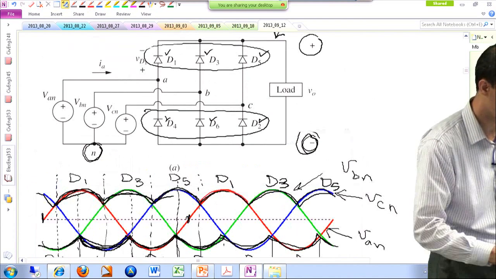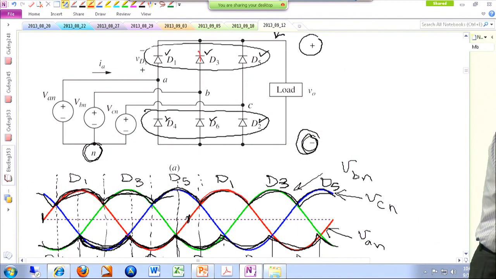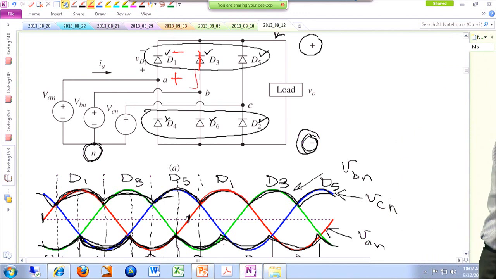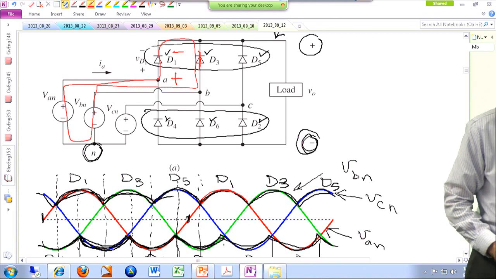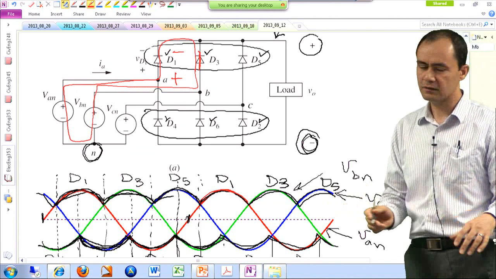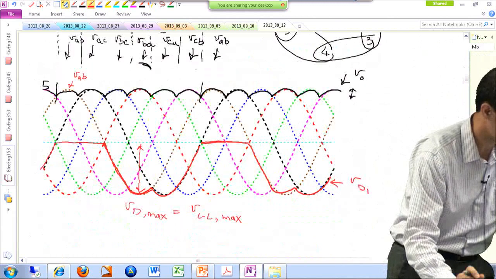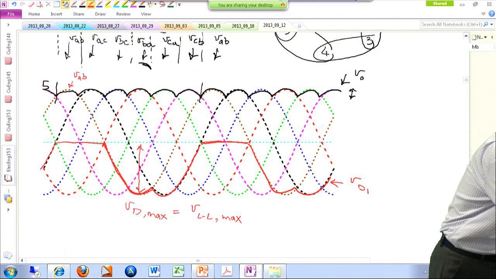And if you look at D3 being on, and you look at the voltage drop across this diode, you have to look at this loop basically. Okay? So you're looking at VAN and VBN involved, so you have to get their differences. So this gives you this curve basically over here.